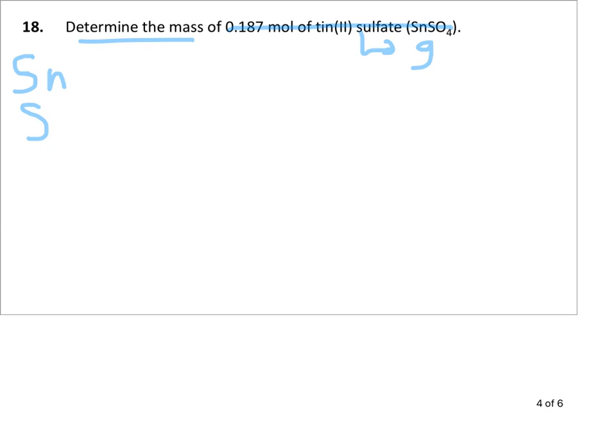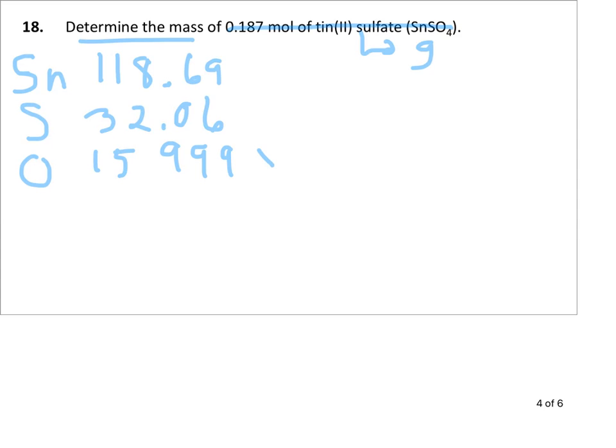Sn, S, and O. The periodic table tells us tin is 118.69, sulfur is 32.06, and oxygen is 15.999. 4 oxygens and 1 of each of the others.